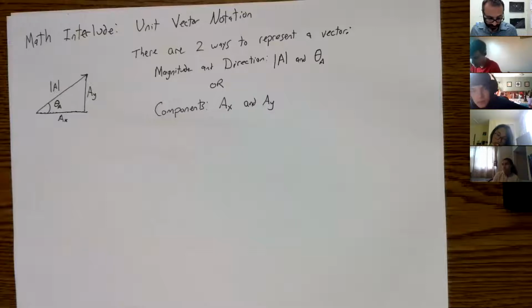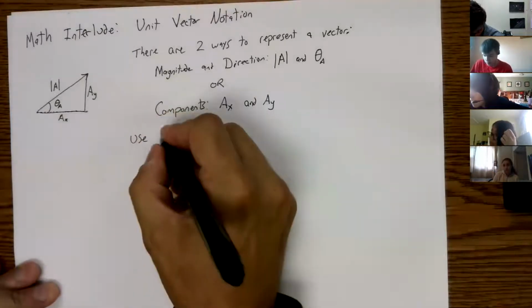And we're going to find it's going to be useful to be able to switch back and forth between the two ways of representing these vectors. And we use trig.